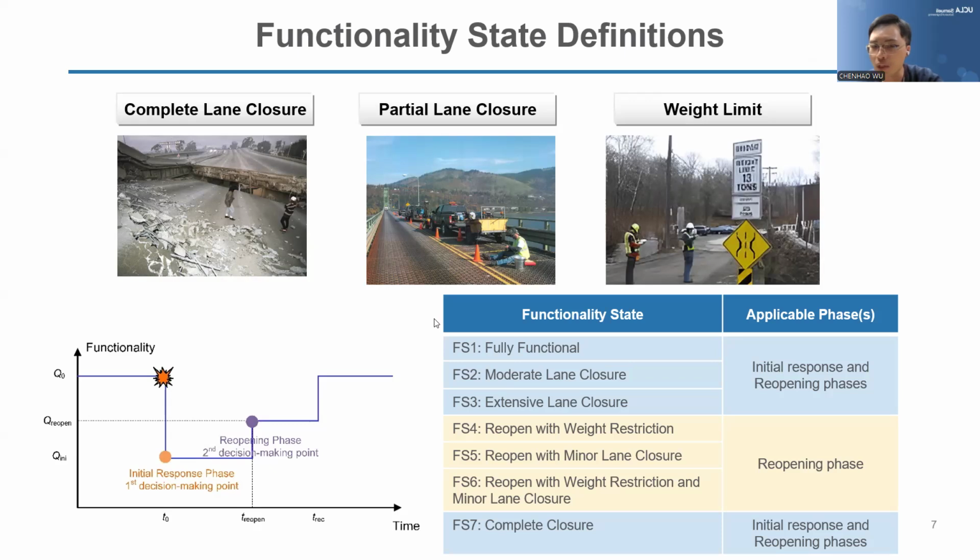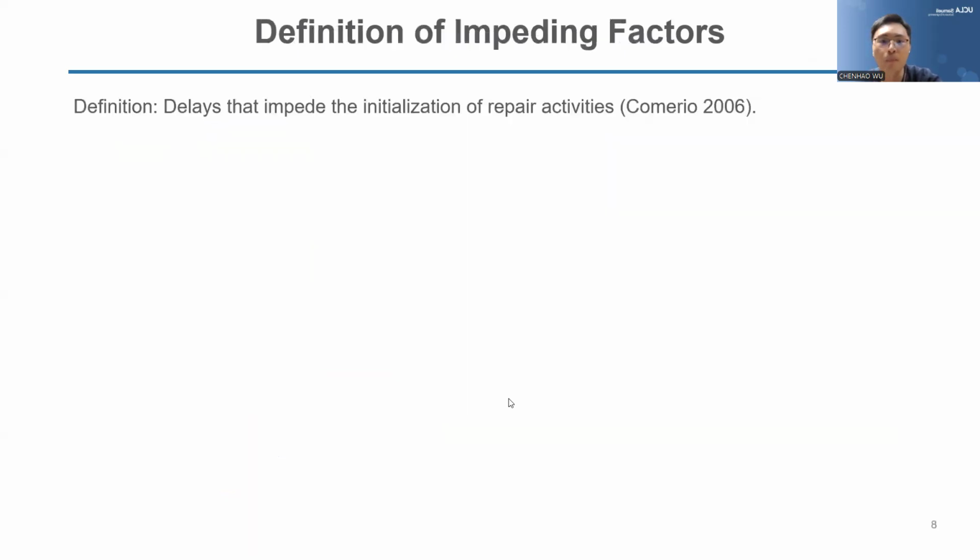We also define several possible functionality states that Caltrans may impose on a bridge. Depending on which phase you are in, three of them are only applicable to the reopening phase, and both of the others are applicable to both the initial response phase and the reopening phase.